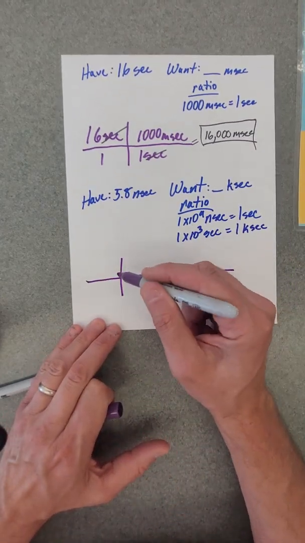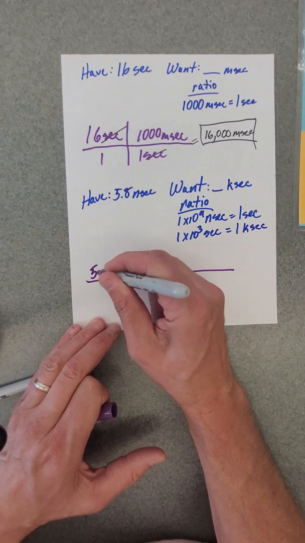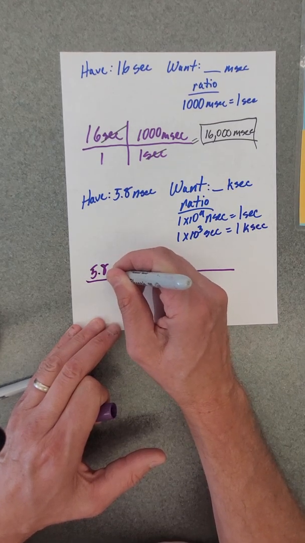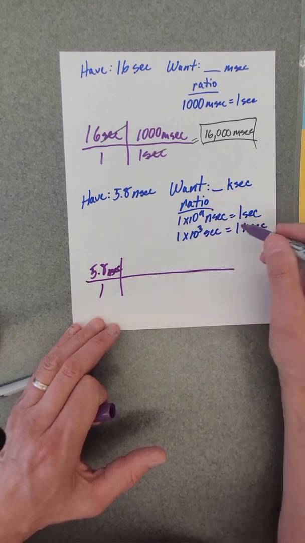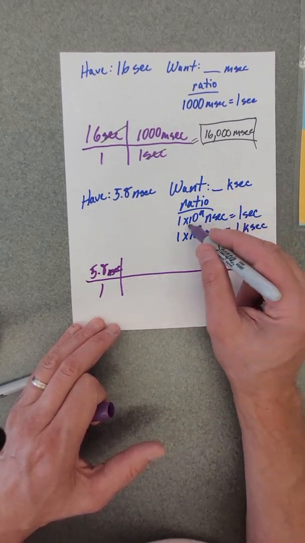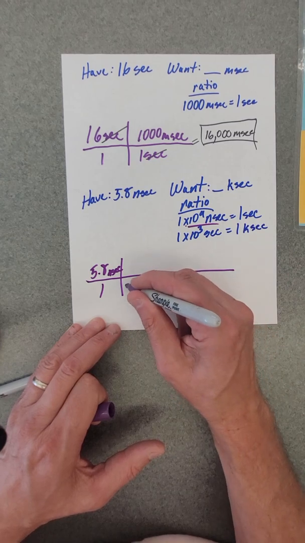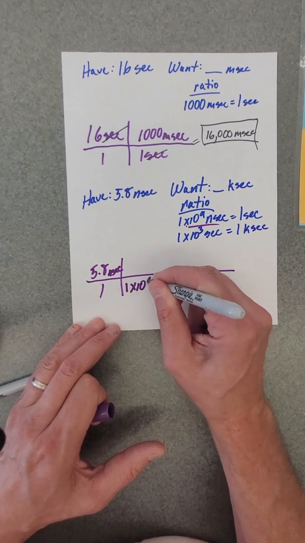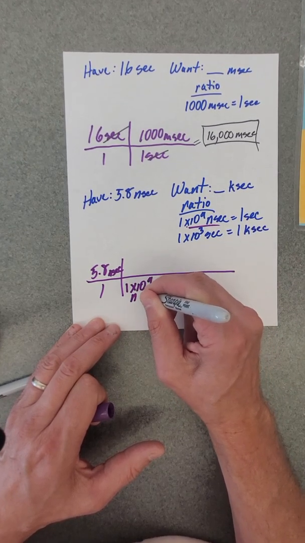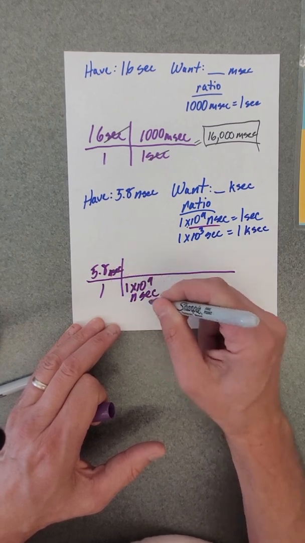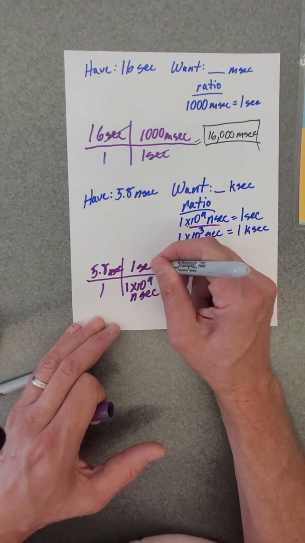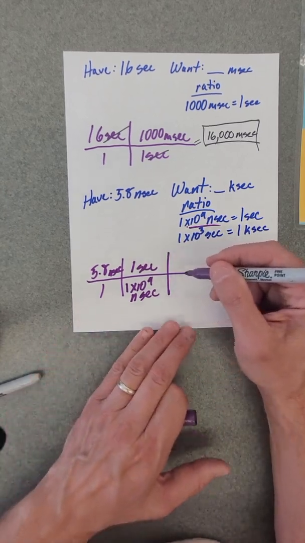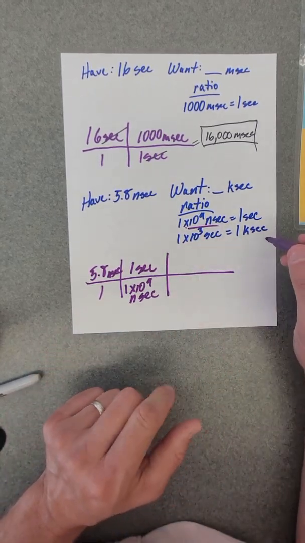And I'm going to put my given 5.8 right there, and that's going to be nanoseconds. Sorry, I'm squeezing that in over 1. Now I have to figure out what's going to cancel out with nanoseconds, and that's this one right here. So 1 times 10 to the 9th nanoseconds, so that they cancel out, and whatever it's related to, which is 1 second up here, that's not where I'm going to end because I want to convert this into kiloseconds.